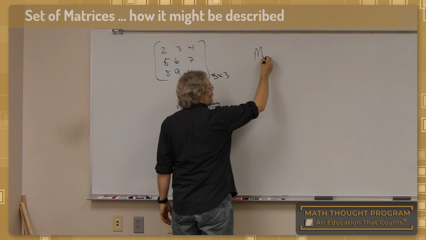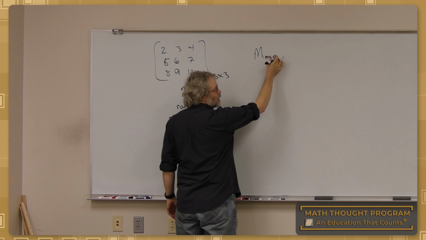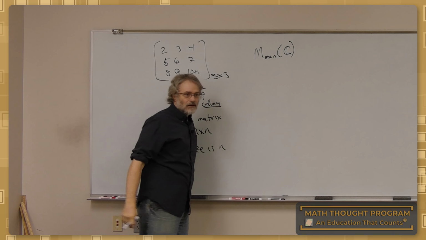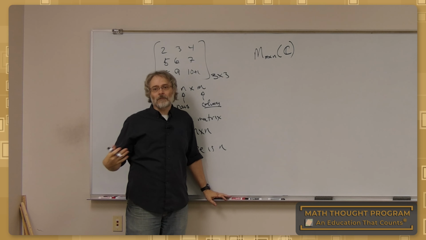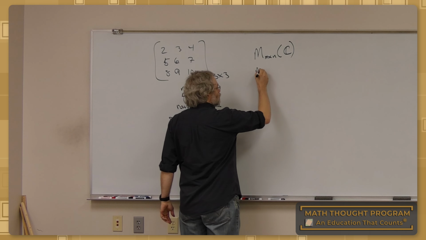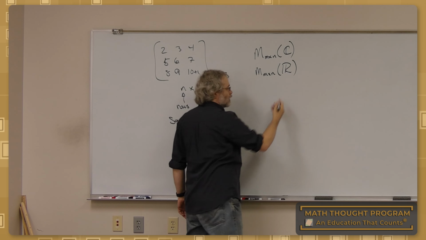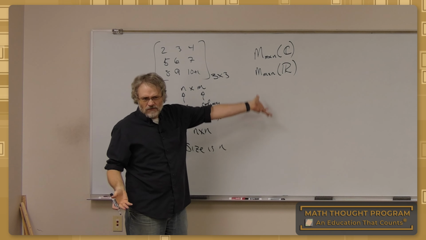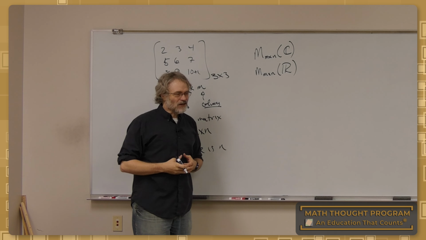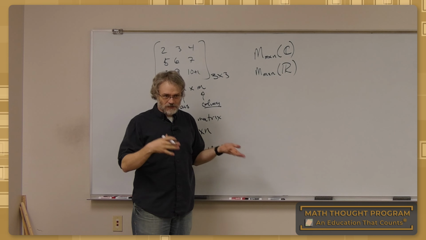We might say the set of matrices of size M by N whose values come from the complex field. Or if I'm talking about the real field, maybe I want to really hit home that we are talking about real numbers, so I'll use a different notation as an indication.